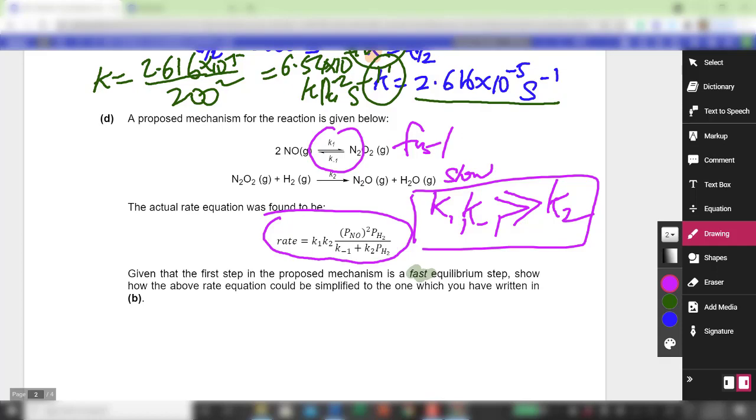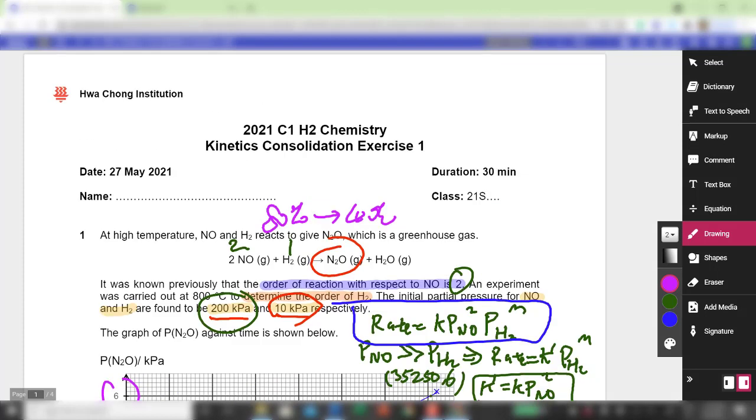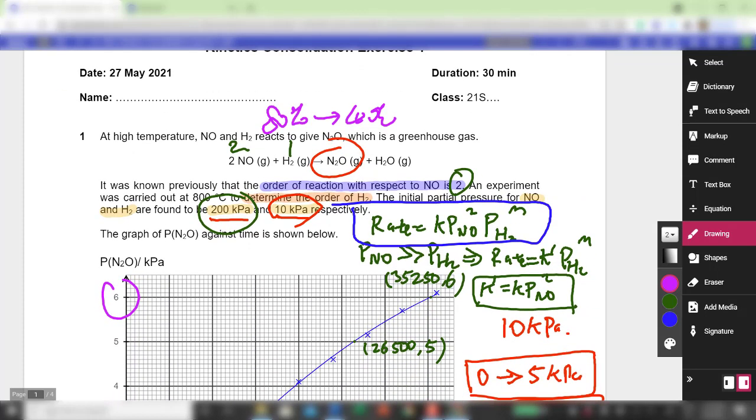There are several ways you can look at it, but in this case, to plan this particular experiment, you also plan it in such a way that the partial pressure of H2 is used at very low values.